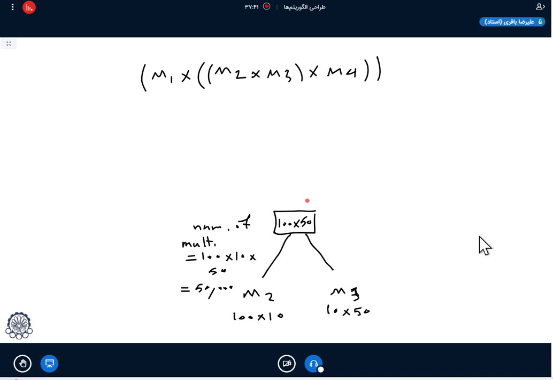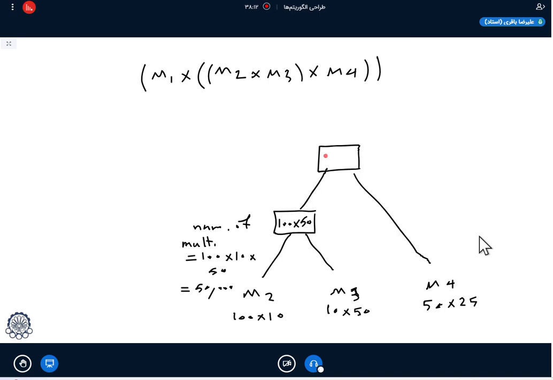Then M4 is multiplied by the result. M4 has 50 rows and 25 columns.